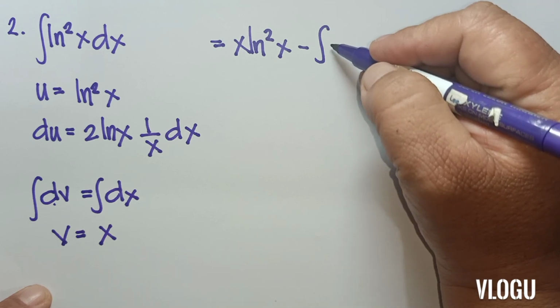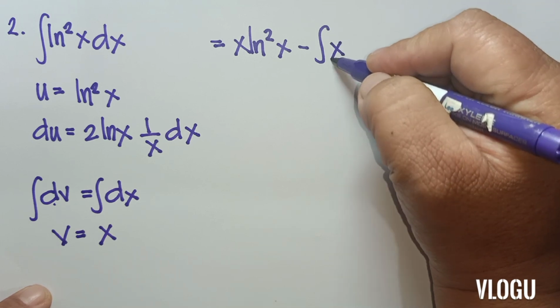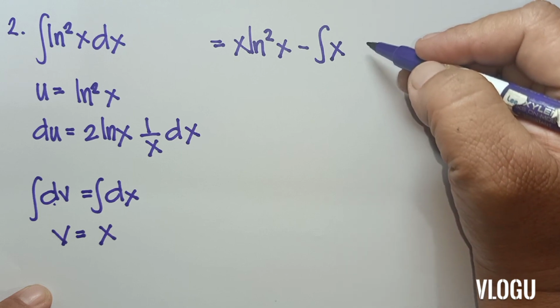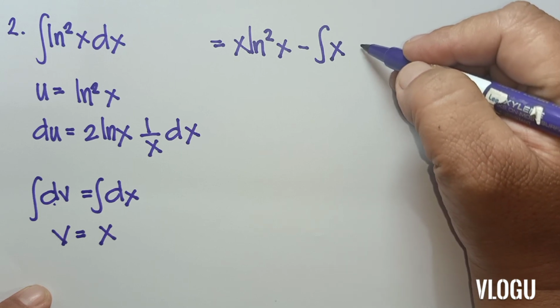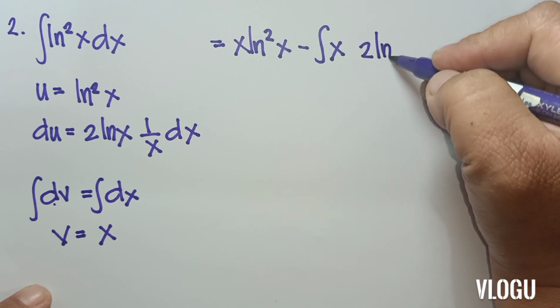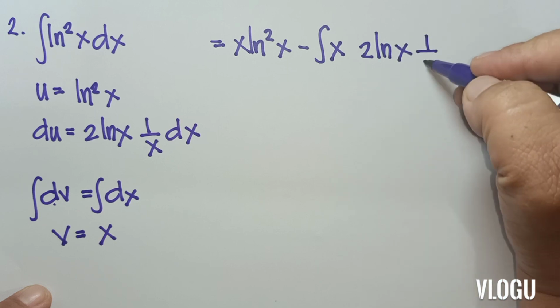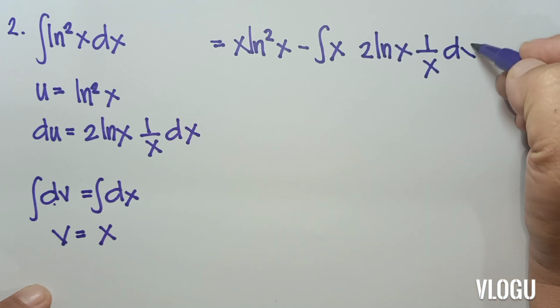Here v is x, and du is 2 ln x times 1 over x dx.